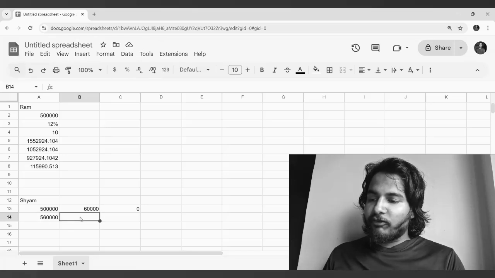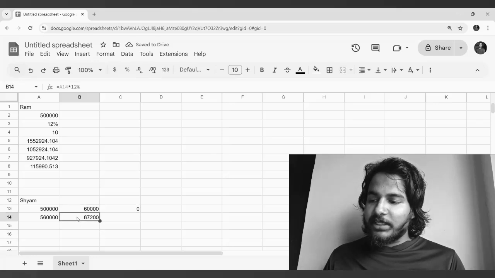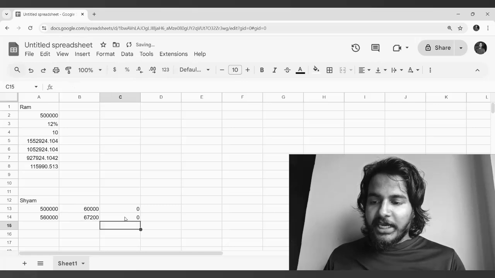So after the second year, what is the capital gains he will have? This is the capital gains he will have after the next year. Then again, this is less than 1,25,000, so no tax for the second year.